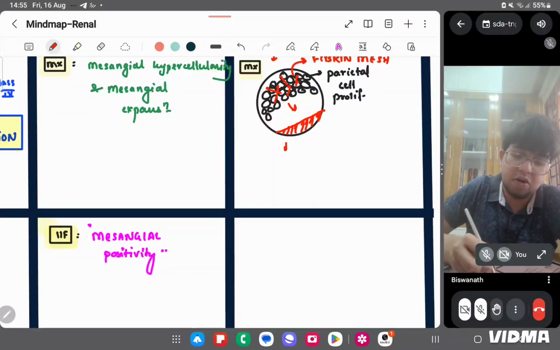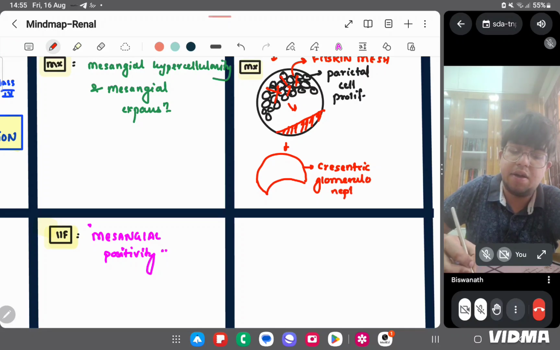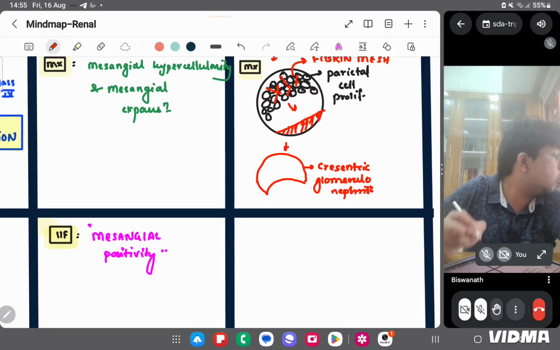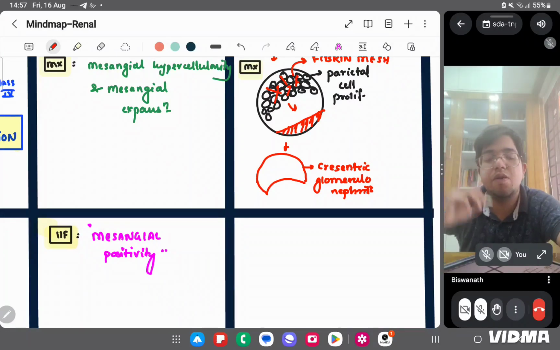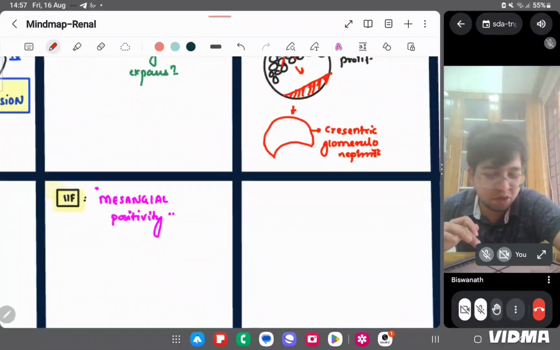So it looks like a crescent, a moon-like shape, and this is called crescentic glomerulonephritis. So that was about our microscopic findings.